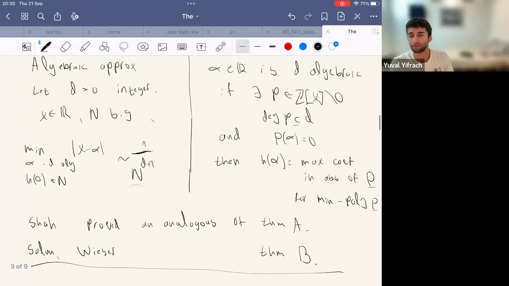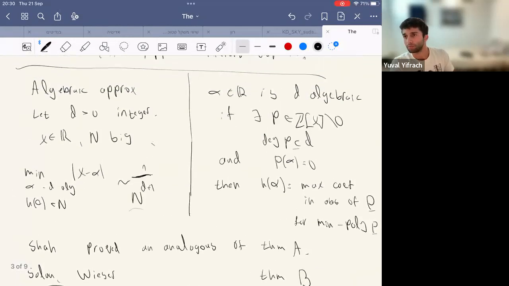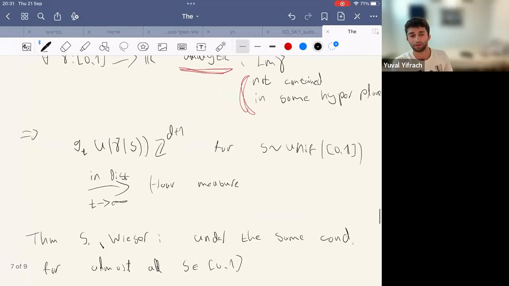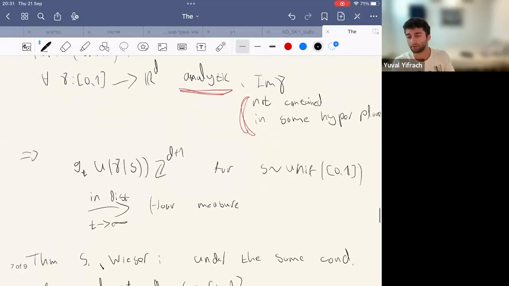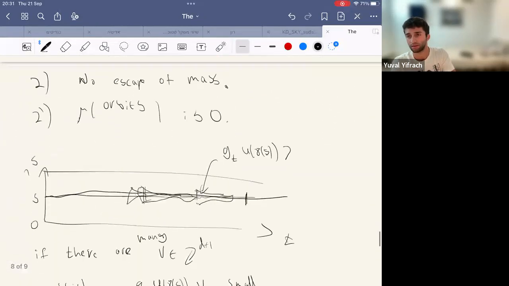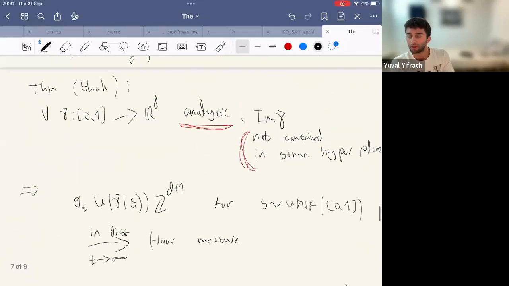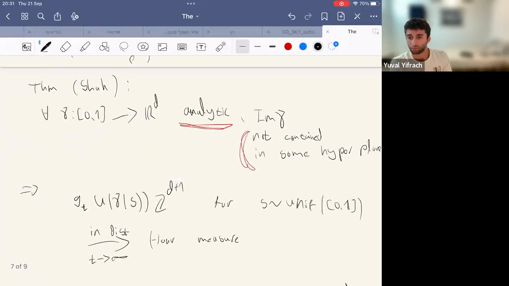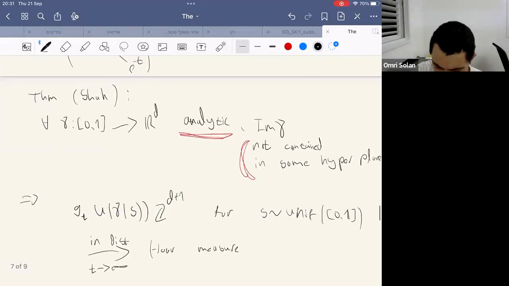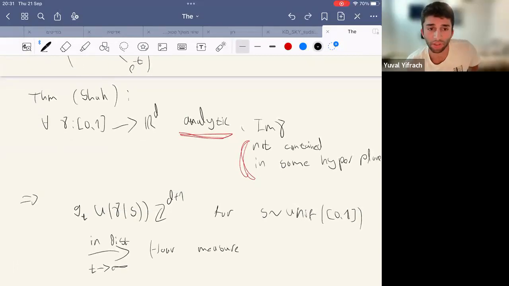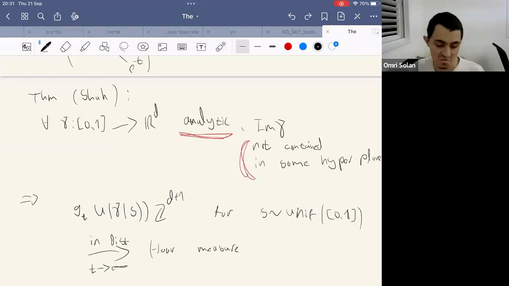Maybe something really special happened here when you had 1, x, x squared, and so on in the matrix. No, you can have any analytic functions instead of 1, x, x squared. This gamma from 0, 1 to R^d has to be analytic, but it doesn't have to be a polynomial.